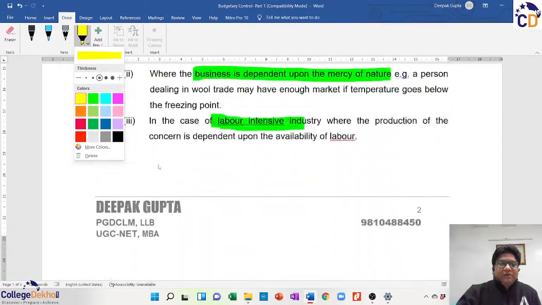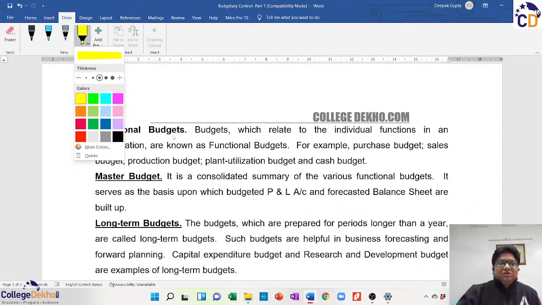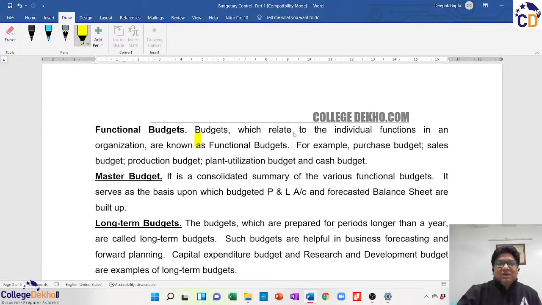So when I come here, what is written here? Functional budgets. What are functional budgets? They relate to the individual functions in an organization. For example, purchase is a function, so purchase budget. Now this purchase budget can further be a purchase quantity budget and a purchase financial budget, that is including the quantity as well as the amount.